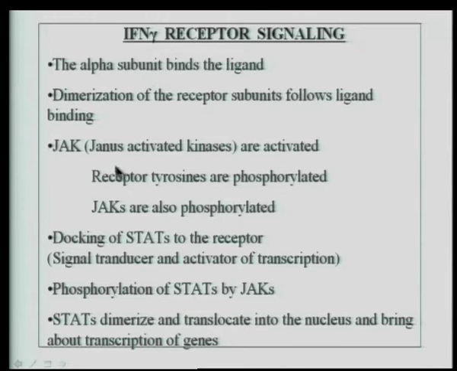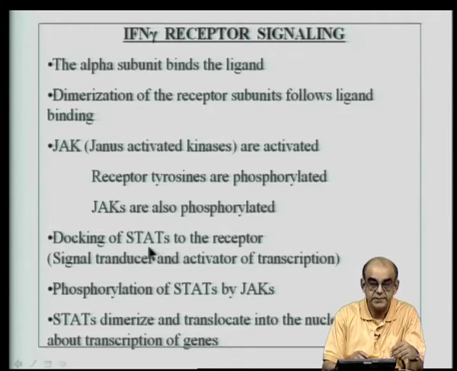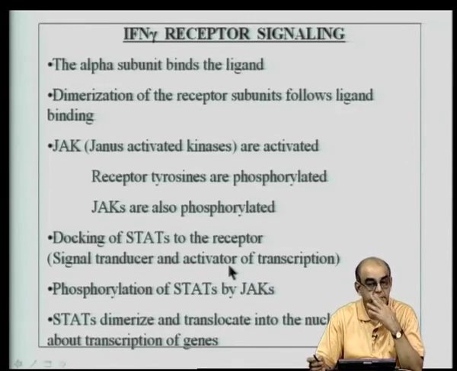There are several events that can be regulated, and to look at the cytokine or the class 1 cytokine receptor family in general, as well as the interferon family in general, you find that these kind of receptors are actually going through what are called as Janus activated kinases as well as STATs, or signal transducer and activator of transcription.